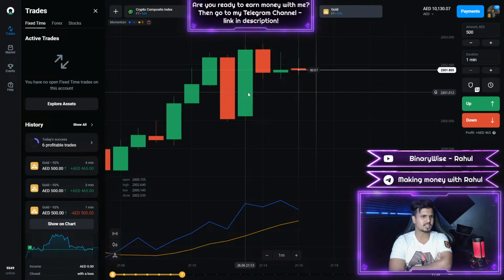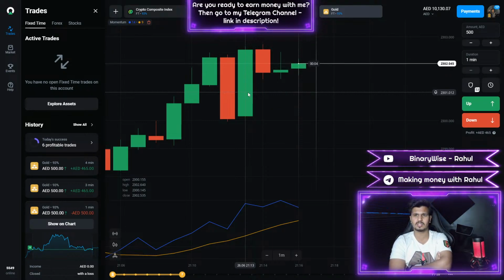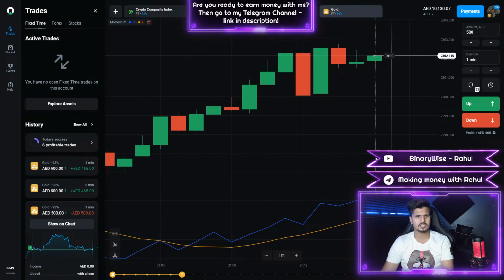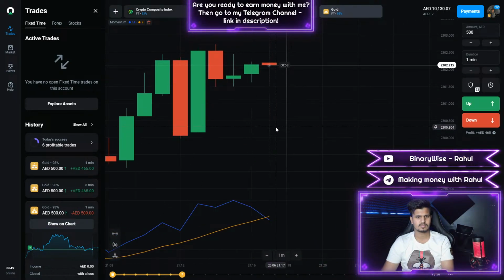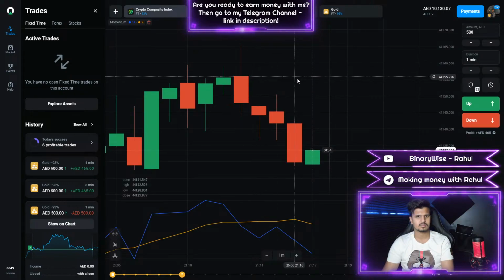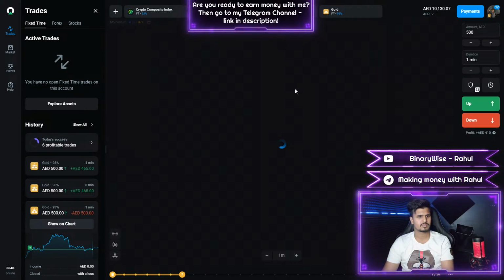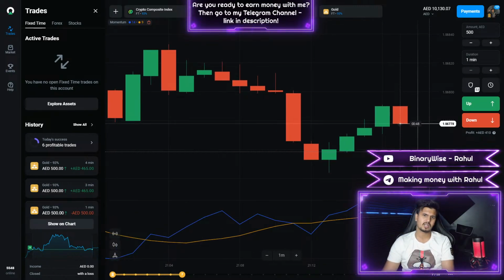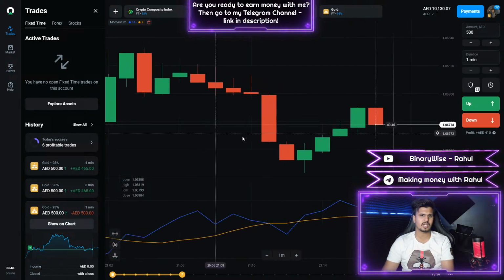Well, now the time came good, and for 4 minute duration they are giving the profits. Let's check another asset. Well, here it's turning back again to the downside, right?